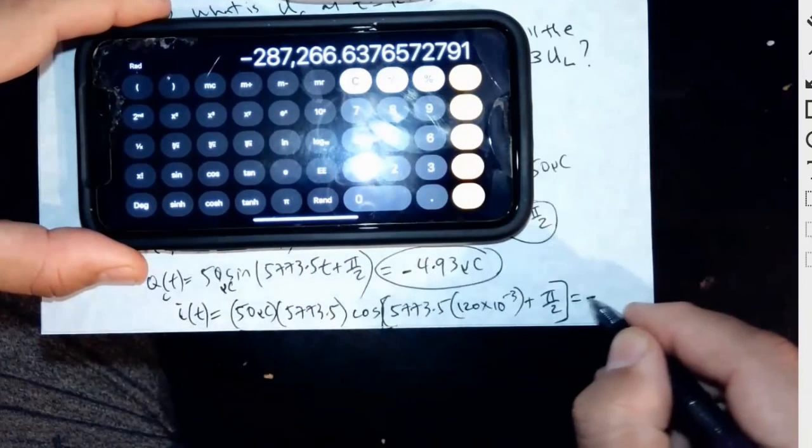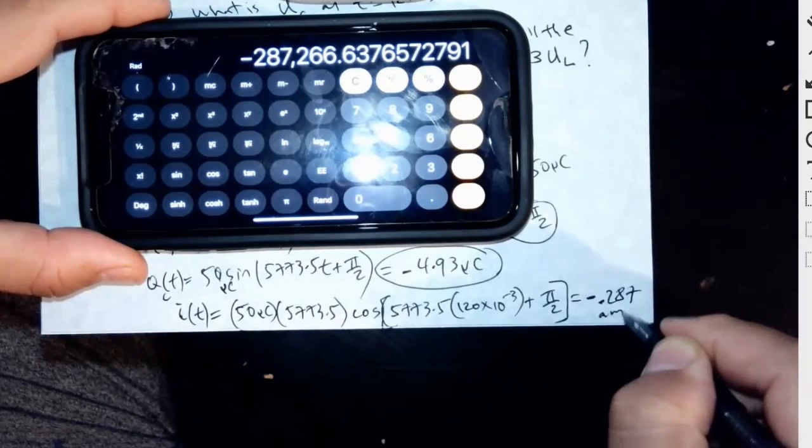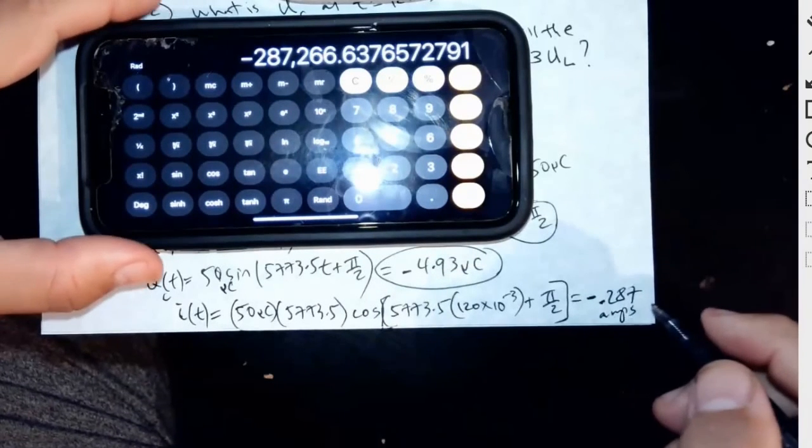That's negative 0.287 amps. So that came out to be a pretty big current.